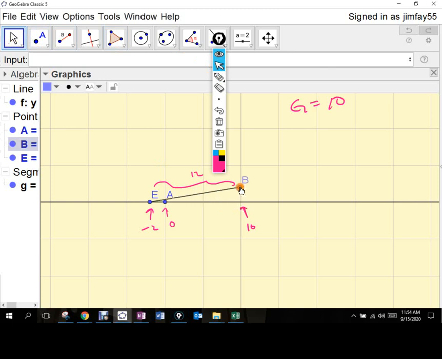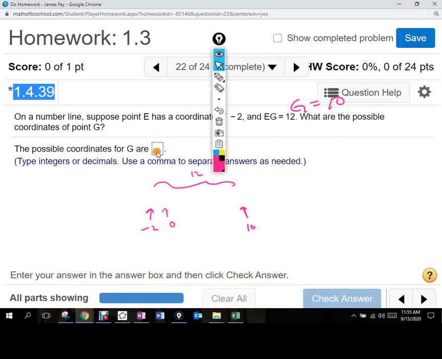The one that they miss is that it does not, and this is the thing about geometry, it does not specify the direction that you had to walk from E to G. Does that make sense? So if I'm at -2 and I walk 12 units this way, what coordinate will that put me at? -14. Okay? So that's what they're looking for here.